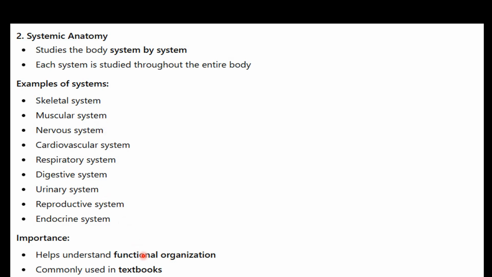Okay, now why is it important? It helps understand functional organization, and it is commonly used in textbooks. These systems are present in textbooks, and it helps us understand the functional organization.